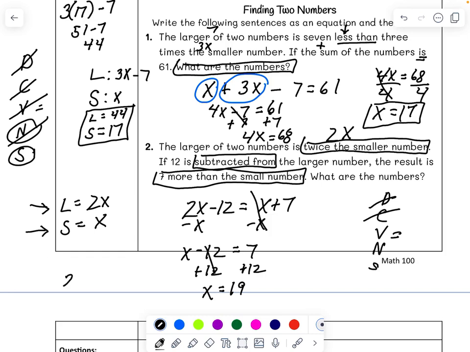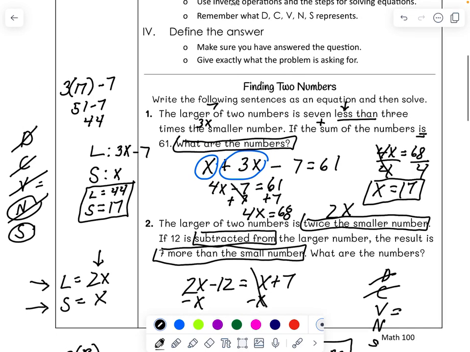And my larger number would be 2 times 19. So I know my two numbers are 19 and 38. Okay? Because I've got to plug it in to check.